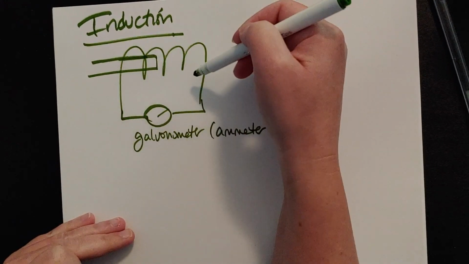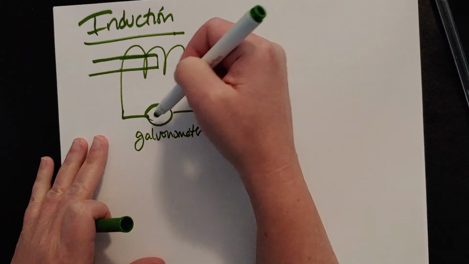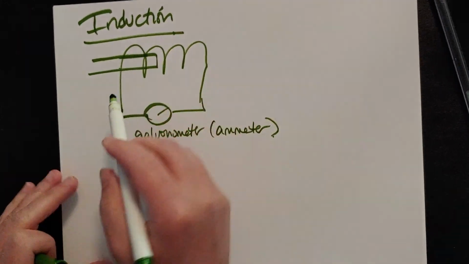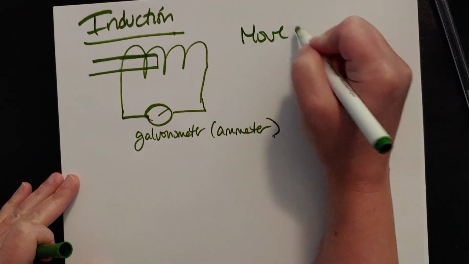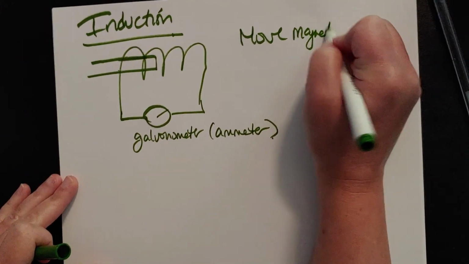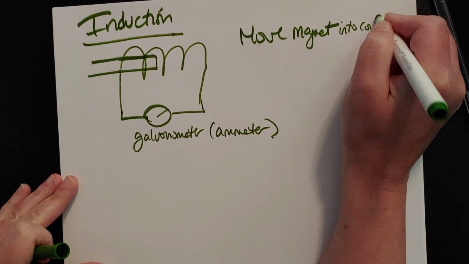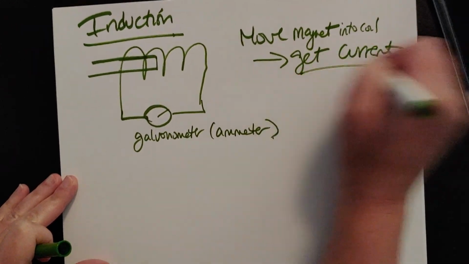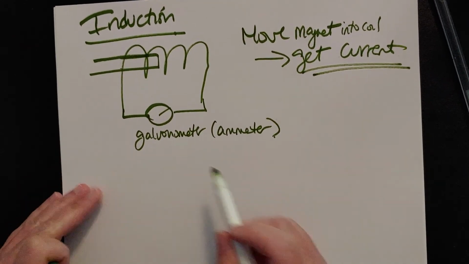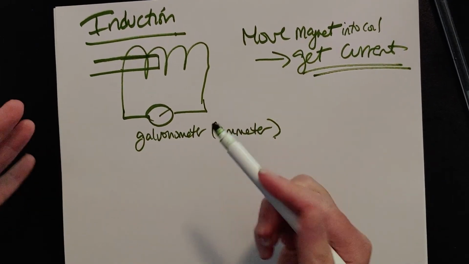This is a wire with no battery. Okay, this is just a coil of wire hooked up to an ammeter. And what they saw was that if you moved the magnet right into the coil, then you get a current. So hold on, you get a current with no battery. Something cool is going on here.